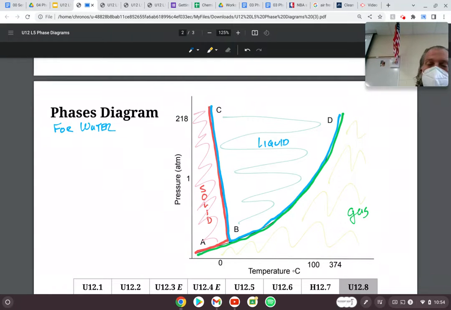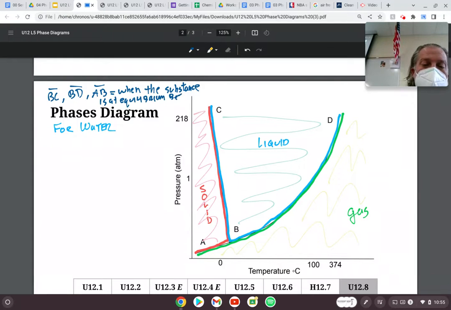So the lines, line BC or line BD, or even to a certain extent line AB, are when the substance is at equilibrium between those two states of matter.